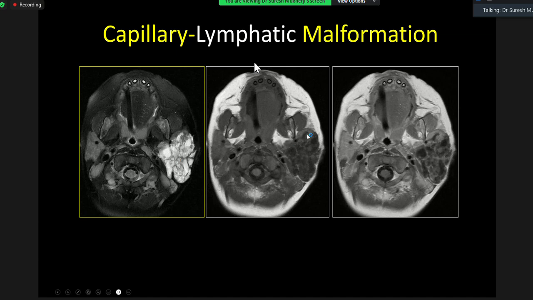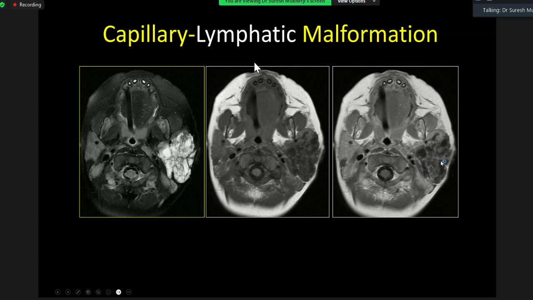Now, here's a non-contrast T1 weighted image, and here's the contrast-enhanced T1 weighted image. Again, if this was a hemangioma, this should homogeneously enhance avidly, and we'd see the flow voids. But instead, we don't see that. Instead, what we see are these linear areas of enhancement along the septations within this abnormality.